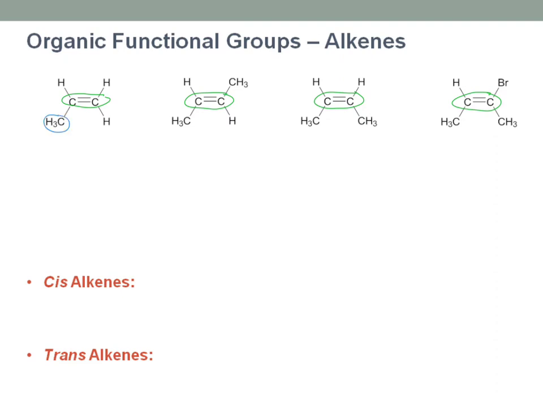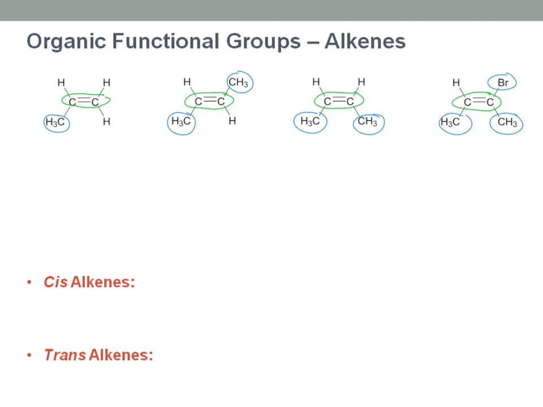Here I have just one thing that's not an H. Here I have two things coming off of the alkene that are not H's, just CH3 groups. Here I have two things coming off that are not H's. And here I have 1, 2, 3 things that are coming off that are not H's.